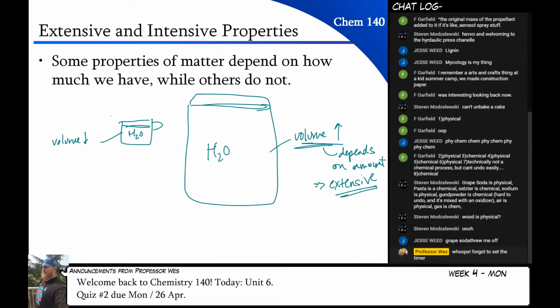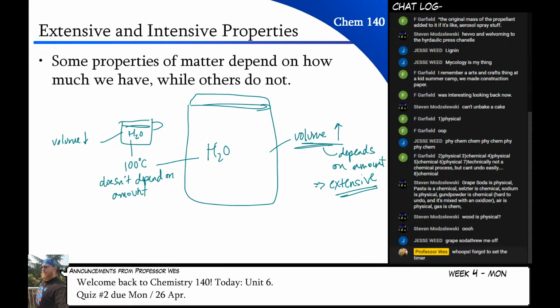However, if I asked you which of these has the higher boiling point, well, they both boil at 100, right? It doesn't matter how much water you have, water boils at 100. You could boil a cup, you could boil a gallon, you could boil the ocean.